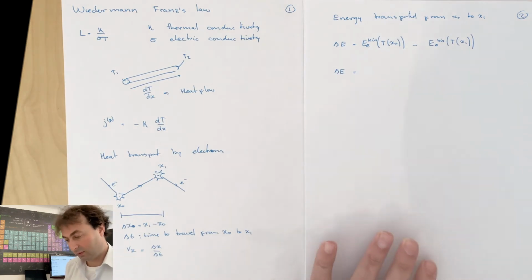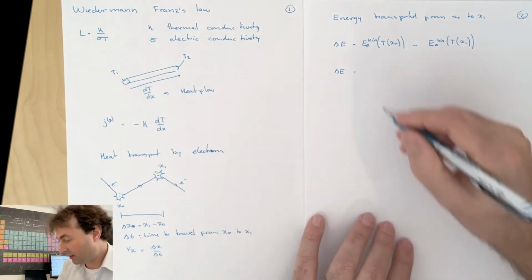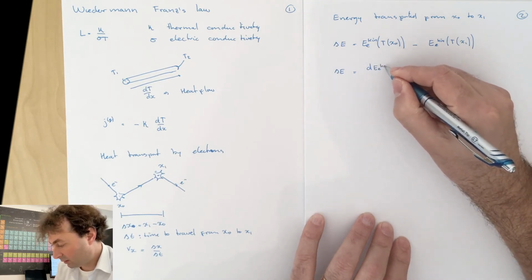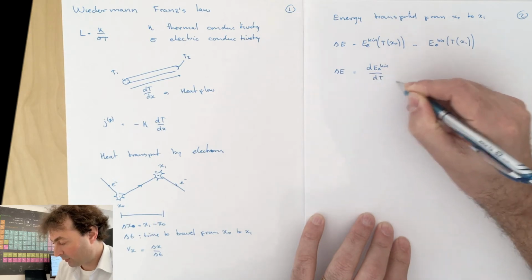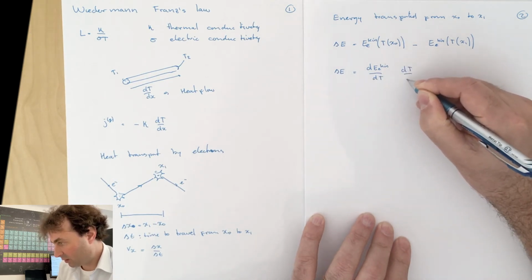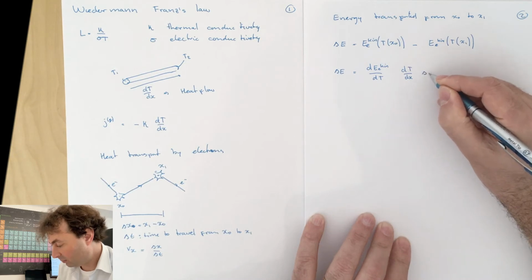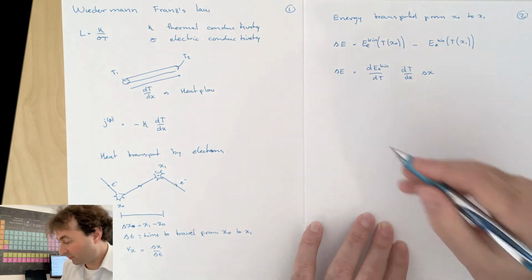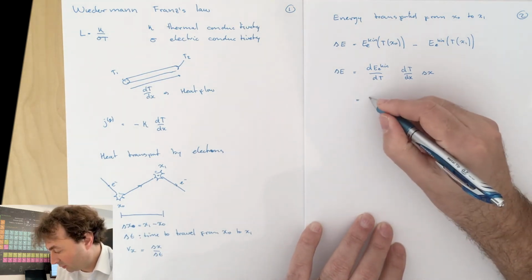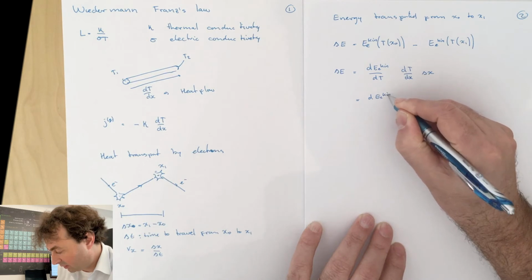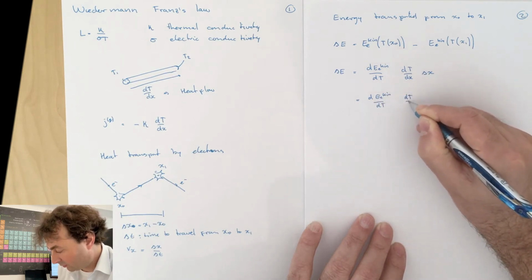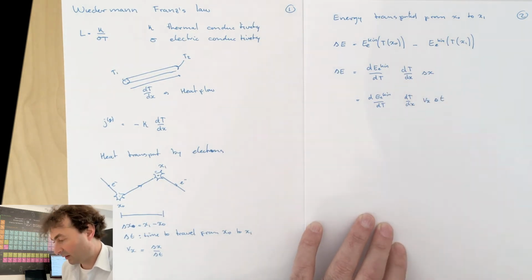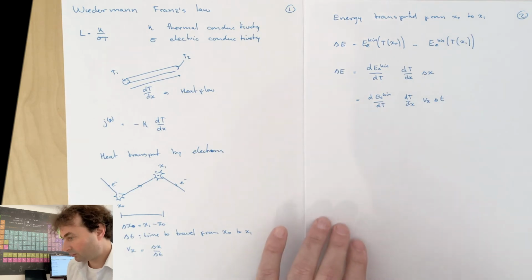We can, for a sample where we have a constant temperature gradient, look at the change of kinetic energy with respect to temperature multiplied with the change of temperature with respect to x multiplied by the position over which we scatter between two scattering events, and that is equal to dE kinetic energy over dT, dT over dx, times Vx delta t.